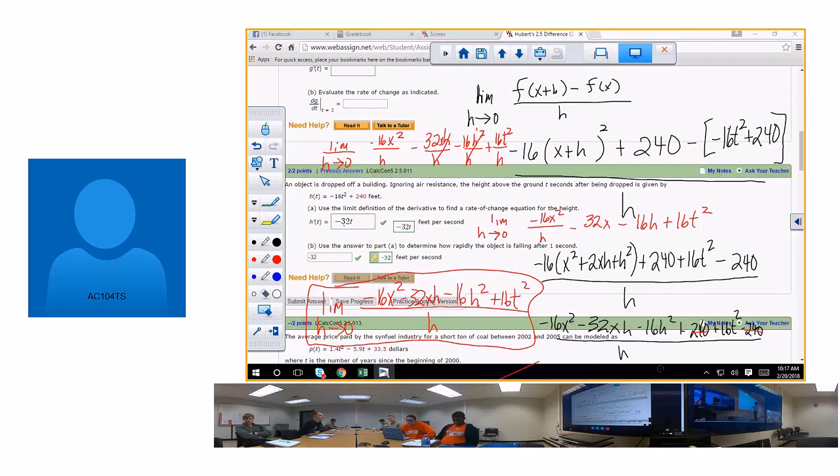And as h goes to 0, this goes to no solution. This goes out, and you're left with negative 32x plus 16t squared. And that's not the answer. The answer is right there.